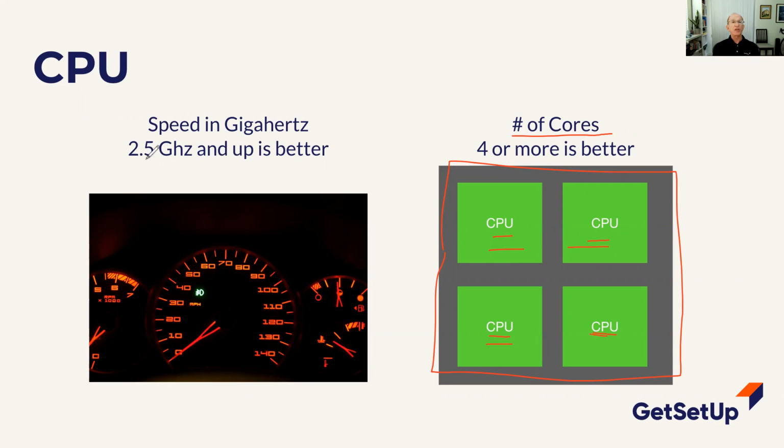So the speed in gigahertz and the number of cores are what are making our computer chips so fast. If you buy anything these days, it's really, really fast, and most of the time it'll do almost everything you need.